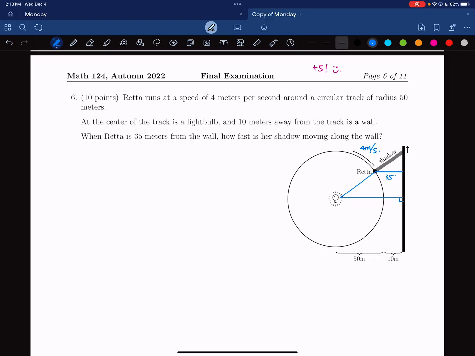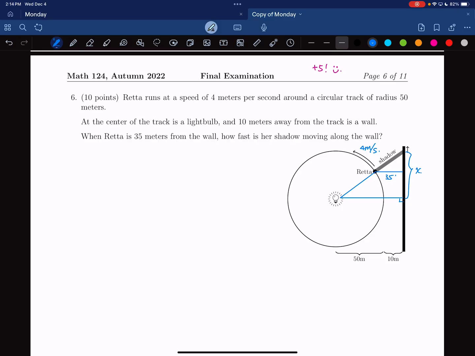Once I draw this line, let's look at this distance here, the distance between the shadow and this point. I'm going to call this distance x. My claim is that if I figure out how fast x is changing, that's going to tell me the speed of the shadow.